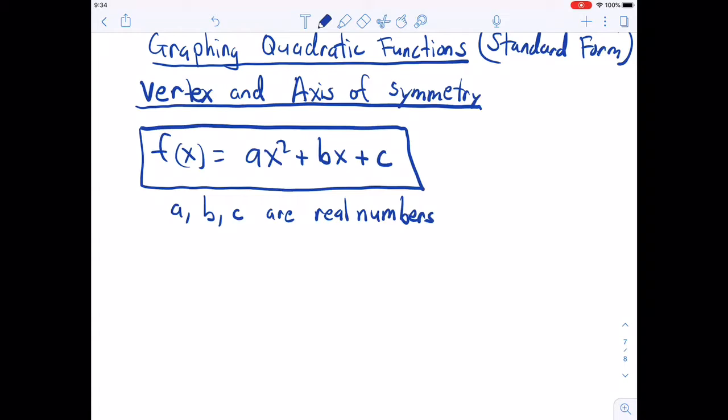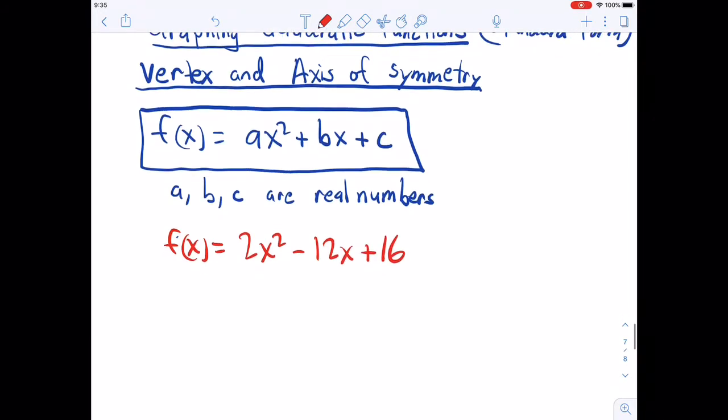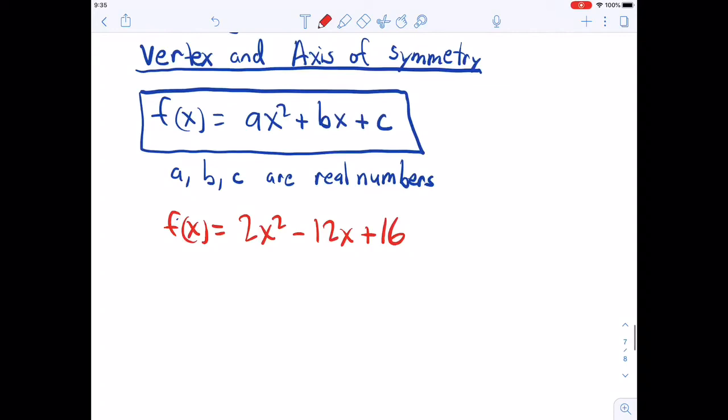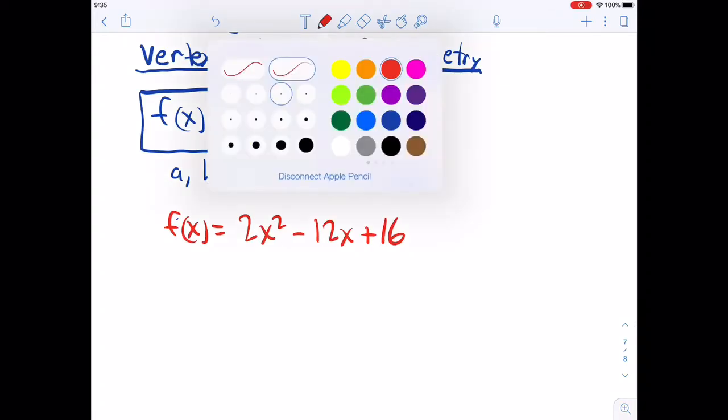So we're given a problem, let's say f of x equals 2x squared minus 12x plus 16. And we want to find the vertex. Okay, so how do we do that?